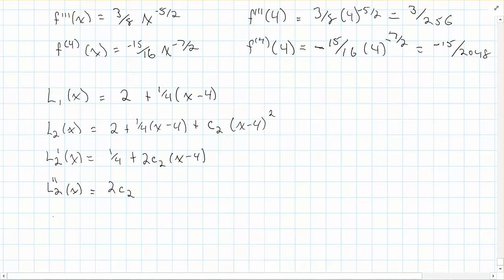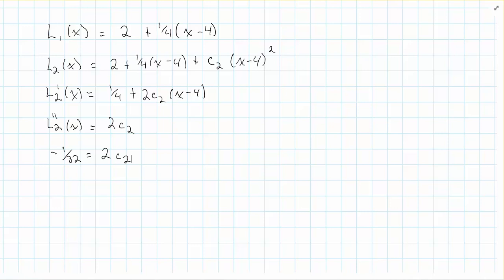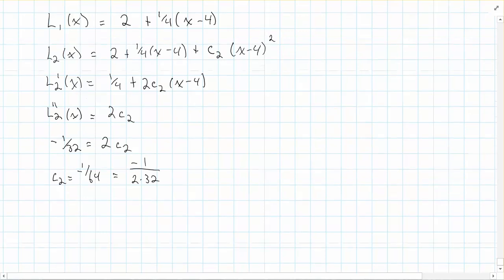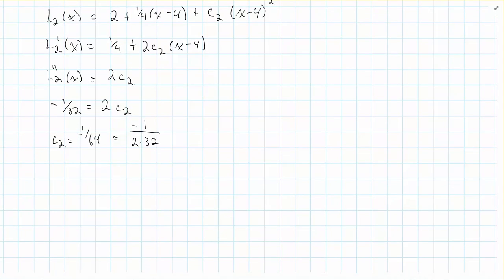So we know then that negative 1 over 32 has to equal 2C2, which gives me C2 equals negative 1 over 64. But I'm actually going to purposely write this as negative 1 over 2 times 32. I'm going to do that, and you'll see why, because we're trying to come up with a pattern here.